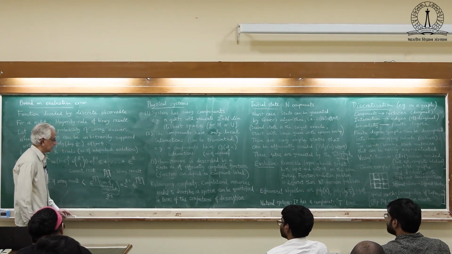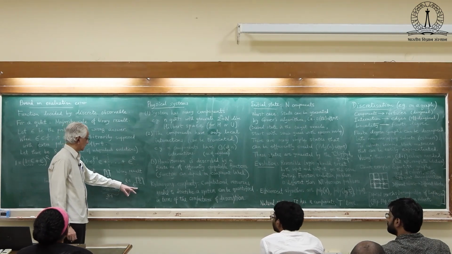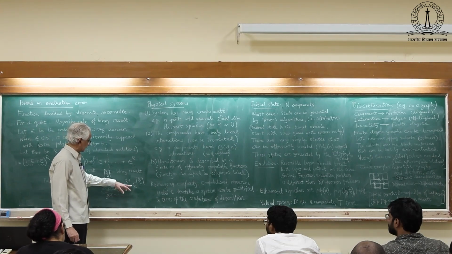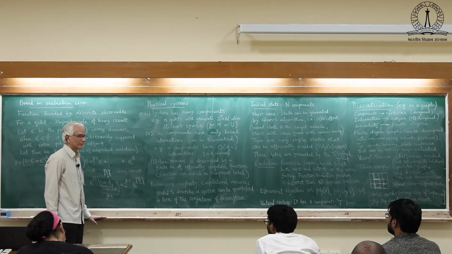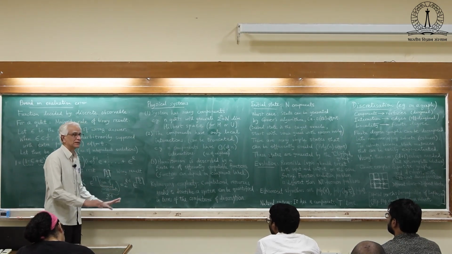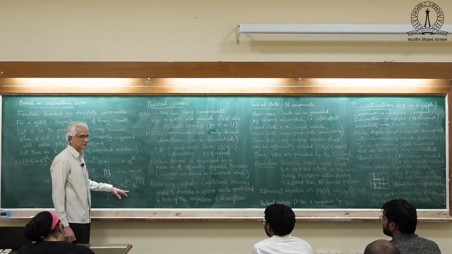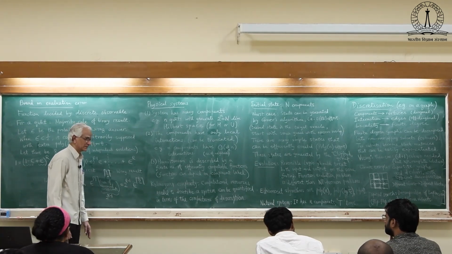to the r by 2, and this can be made arbitrarily small provided this factor wins over this. Both have r in the exponent in some particular manner, but you want this one to win so that it goes to 0. That means epsilon has to be less than half.